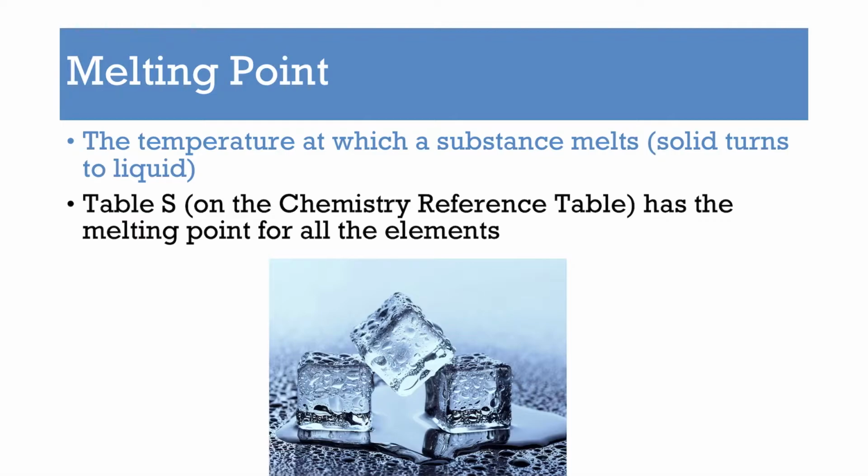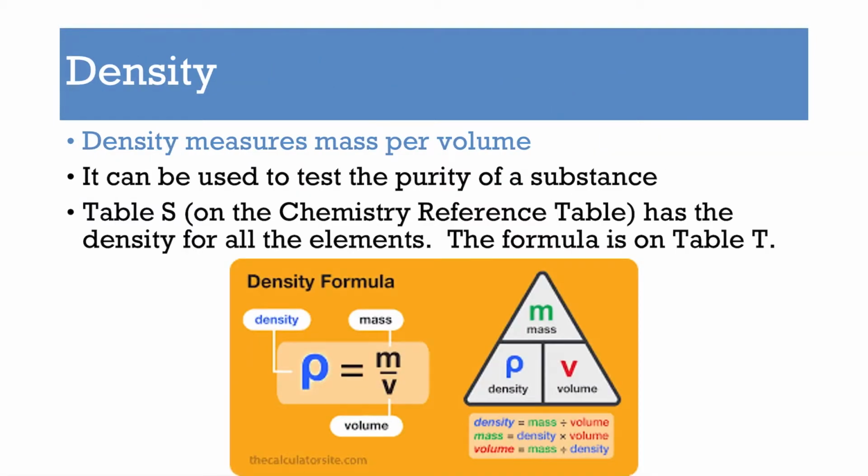Those melting points are also on the reference table. And melting point, fun fact, is the same thing as the freezing point. Right now I'm just going to drop that bomb of information and let you think about it. When we get into thermochem later on, we will revisit this semi-mind-blowing fact. So think about that for now.